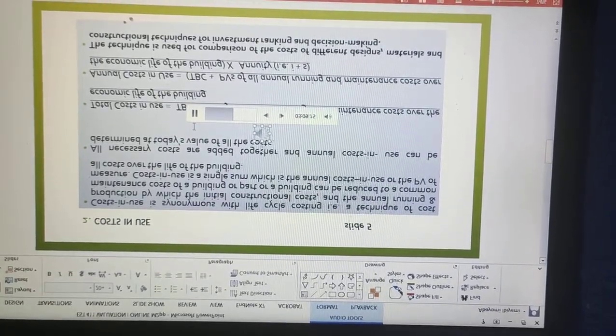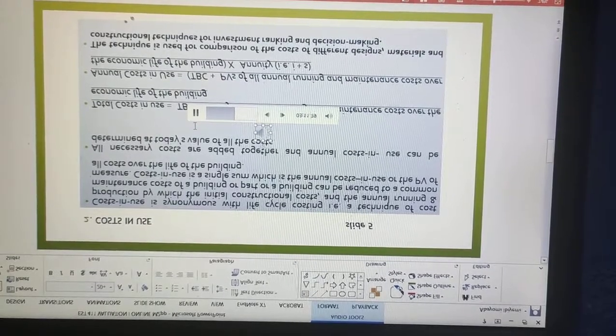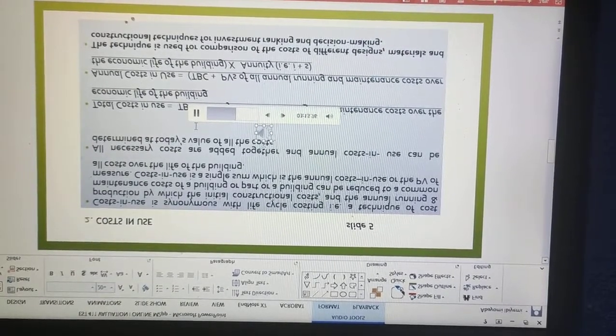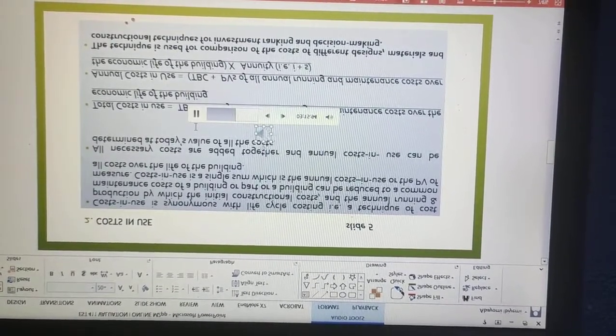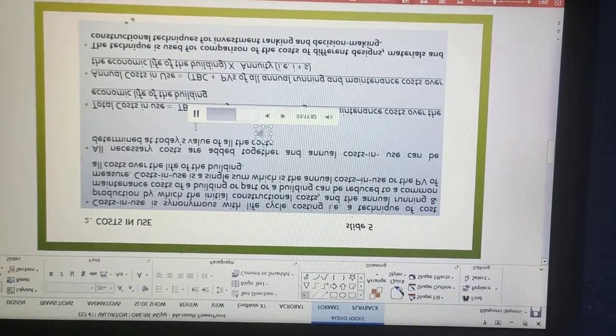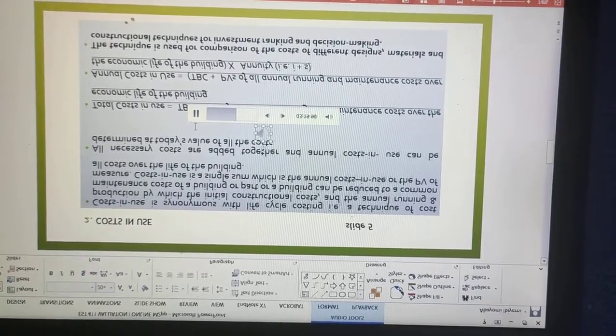But that constitutes a limiting factor to this analysis, the possibility of getting all possible costs over the life of the building. But that is what is required anyway.